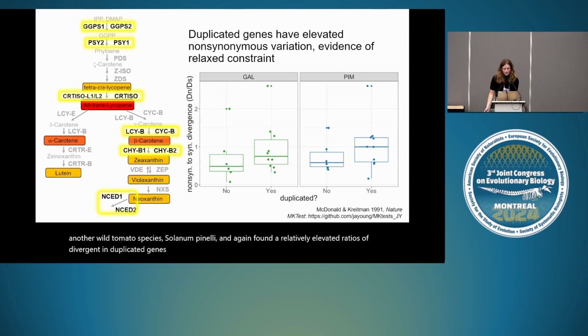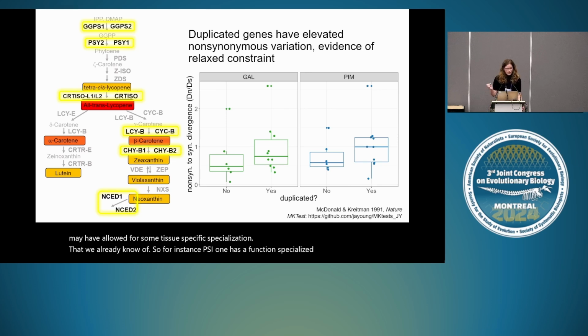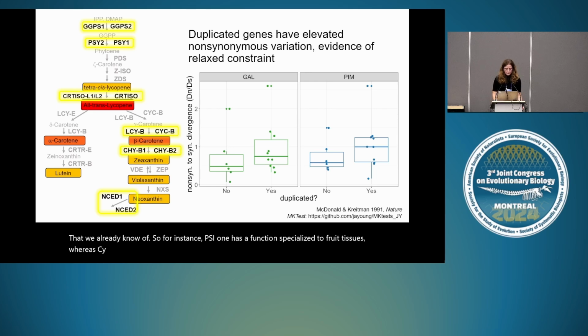And so this elevated non-synonymous variation seems to be evidence of relaxed constraint in duplicated genes. Furthermore, these gene duplications may have allowed for some tissue-specific specialization that we already know of. So for instance, Cy1 has a function specialized to fruit tissues, whereas Cy2 is specialized to leaf tissues.